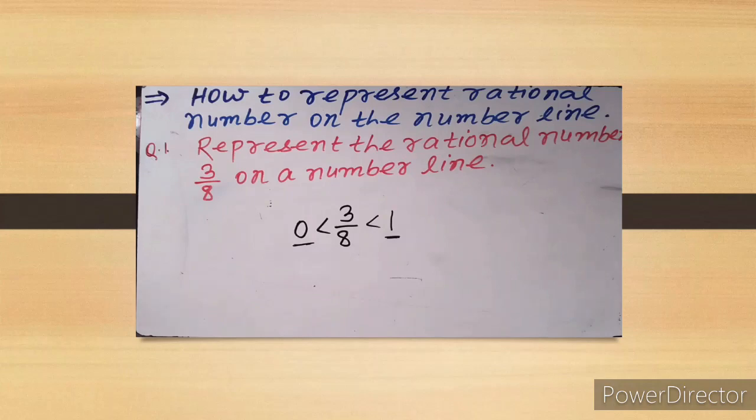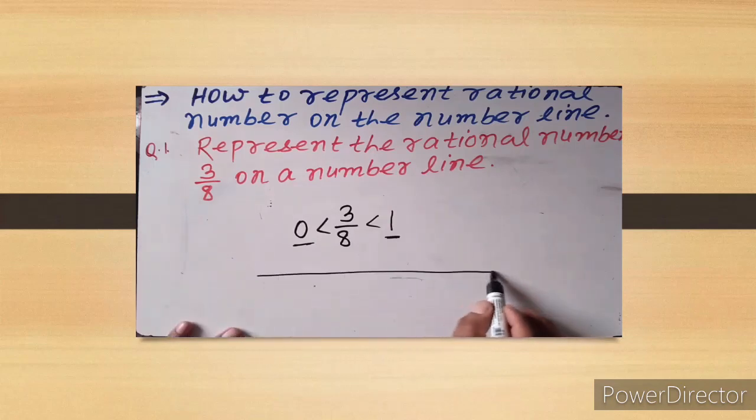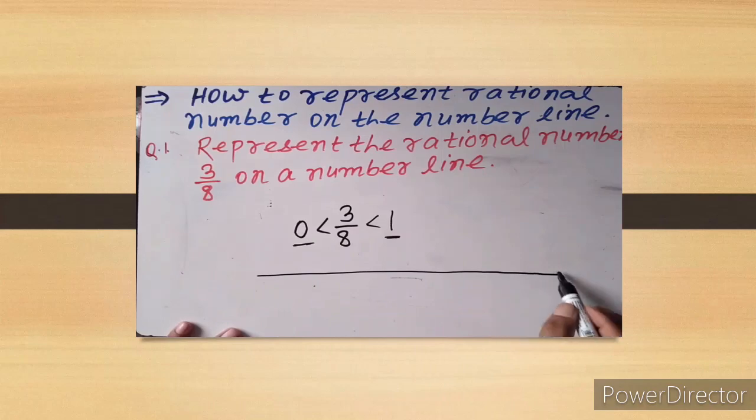Also you will remember, whenever the numerator is less than the denominator, you will represent the number between 0 and 1 when it is positive, and when it is negative, you will represent it between 0 and minus 1.